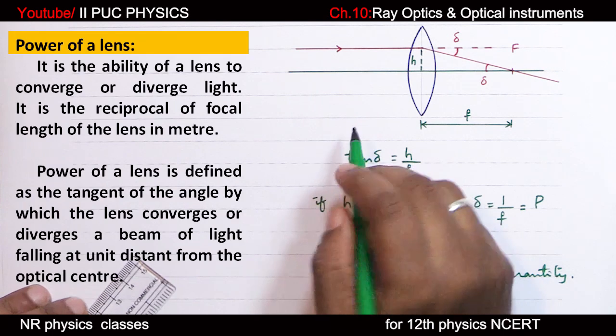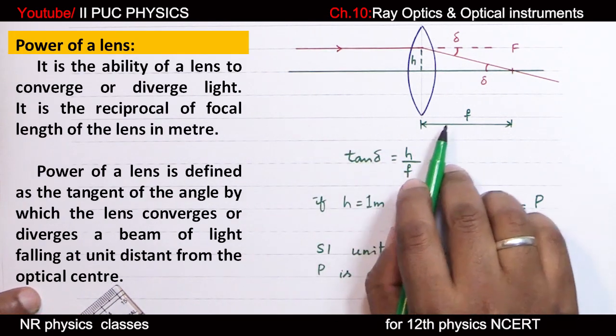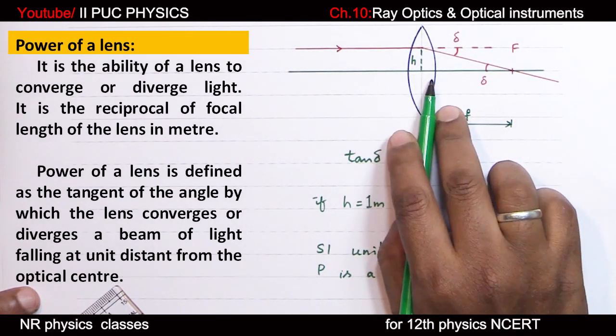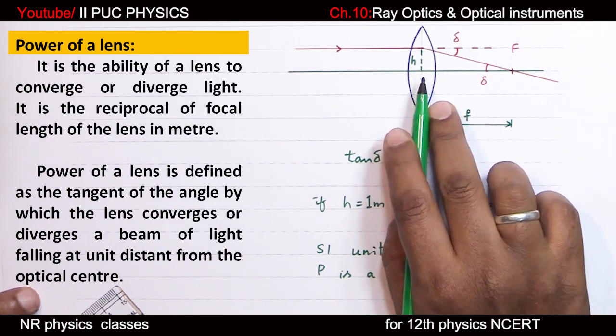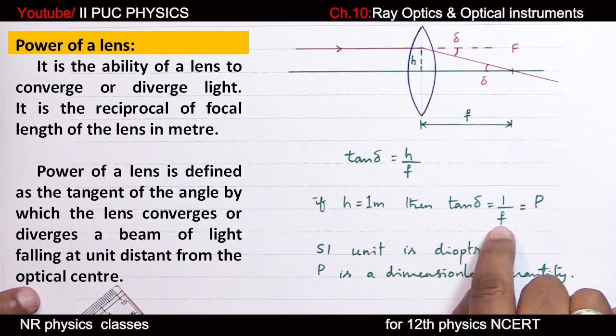Go through this statement. Power of a lens is the ability of the lens to converge or diverge the ray of light. It is the reciprocal of focal length in meter. This focal length should be in meter.